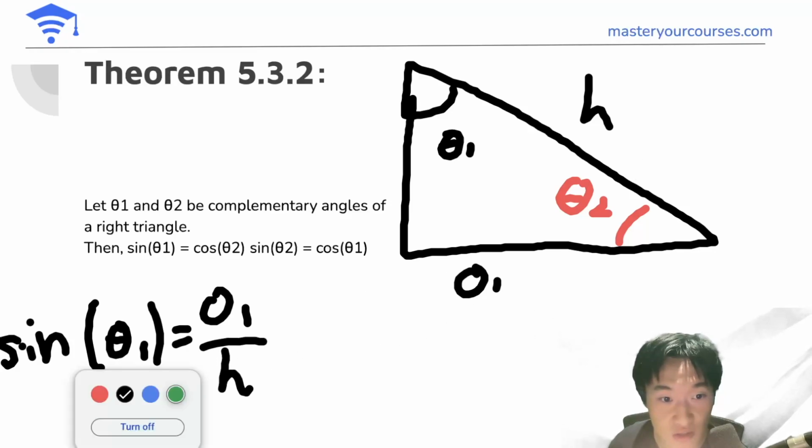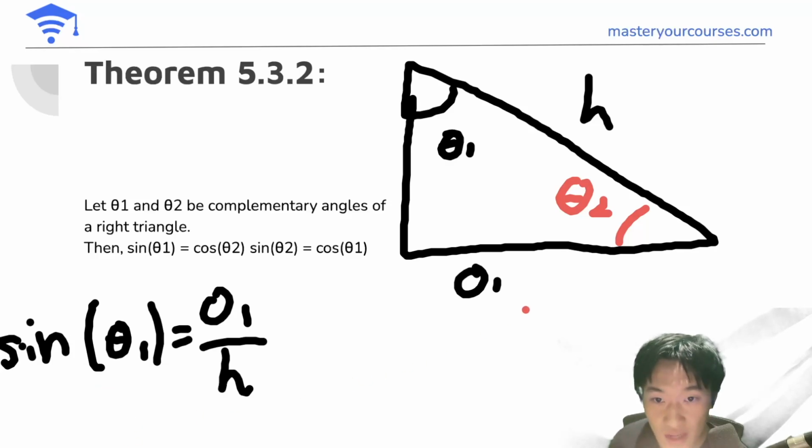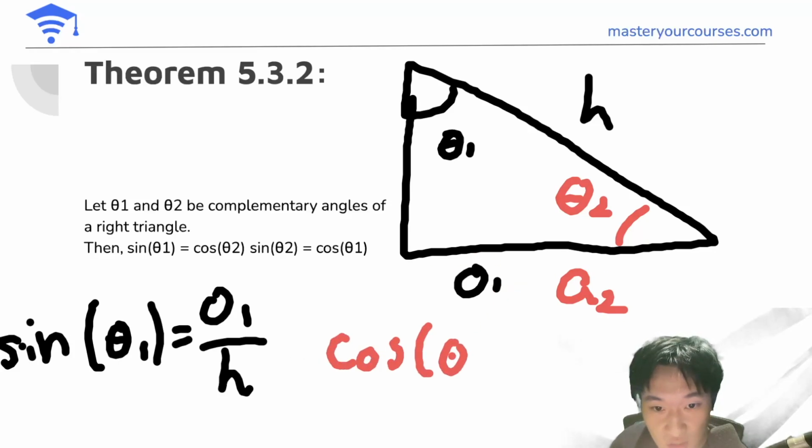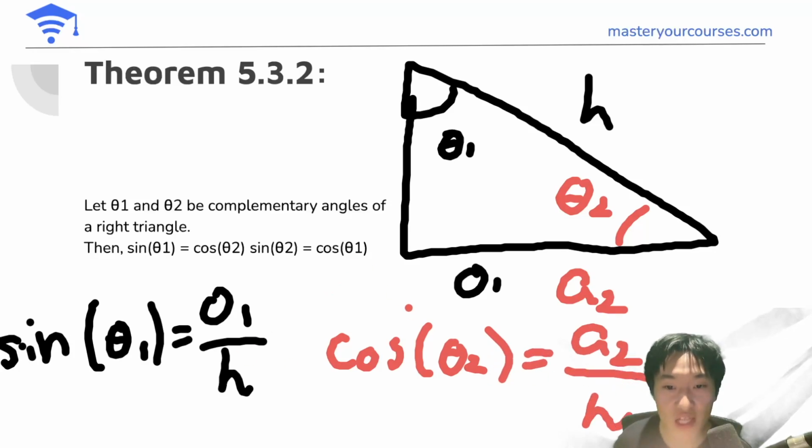But with regards to cos theta 2, the adjacent side is also the same thing. It's right here. It's the same length as the opposite 1. So cos of theta 2 is equivalent to adjacent 2 over H. But what you realize is that the hypotenuse is obviously the same thing here. And is opposite 1 equal to adjacent 2? Yes, they are. It's literally the same side of the triangle. So this ratio is exactly the same thing.